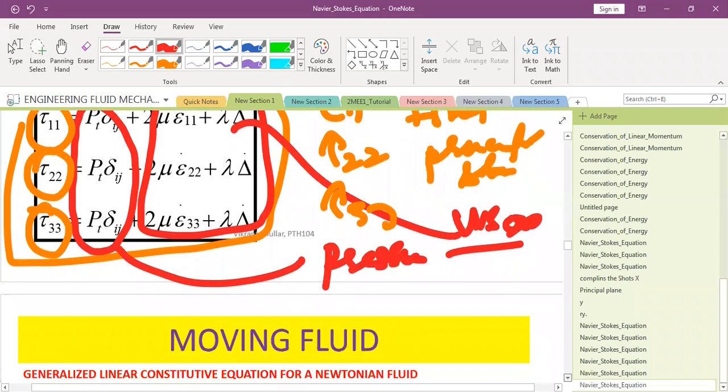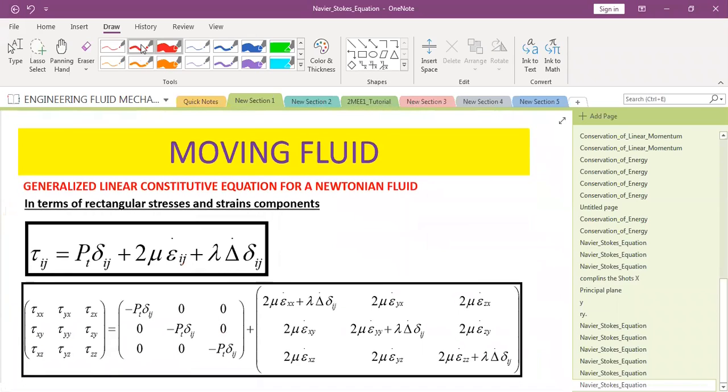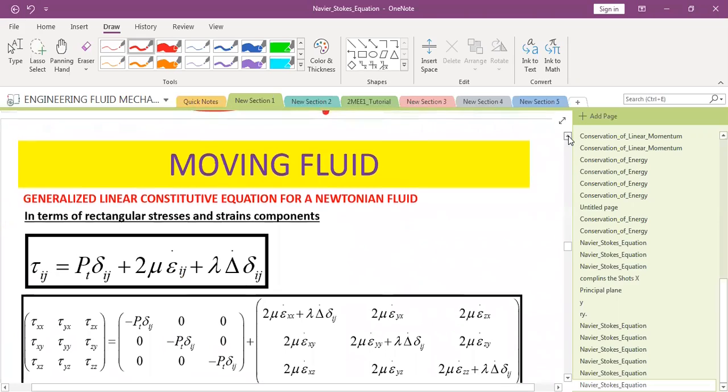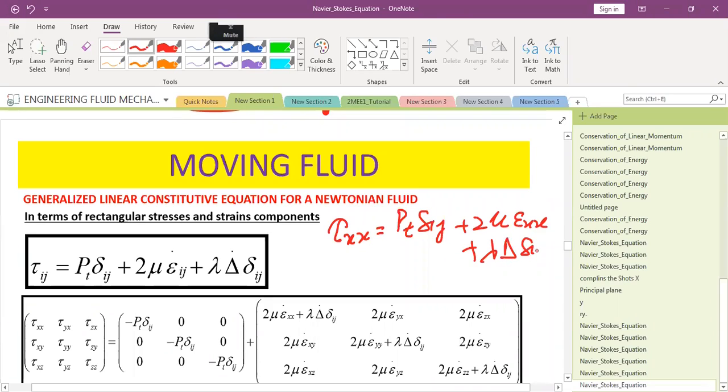Now if you want to write down in terms of rectangular components, that means instead of principal stresses I am representing in general terms. If I want to write down tau xx, then this will be equal to minus P delta ij plus 2 mu E xx plus lambda delta ij.